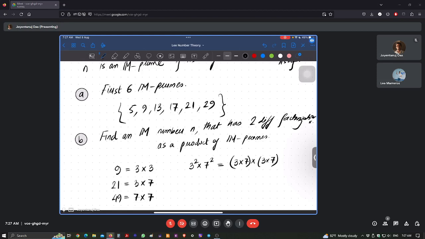That is nothing but 21 times 21. So the number is, I think, 441. So 441 is the number that I can write in two ways: it is 9 times 49, and also it is 21 times 21.